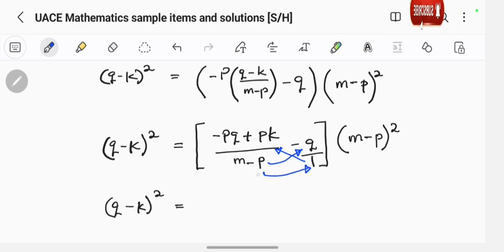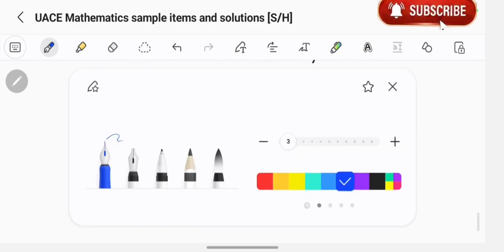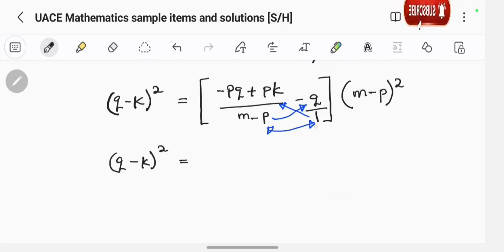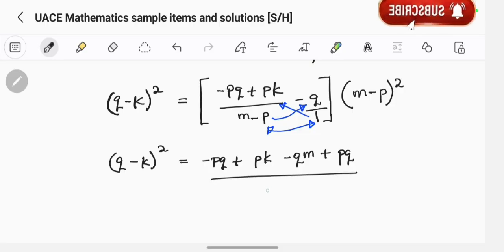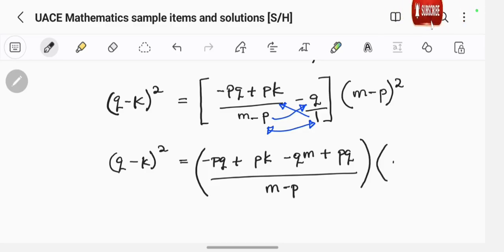Later I multiply the denominators, so it's going to come out in this format: negative pq plus pk, then negative q times m minus p, end up with negative qm positive pq, divided by m minus p into m minus p squared.